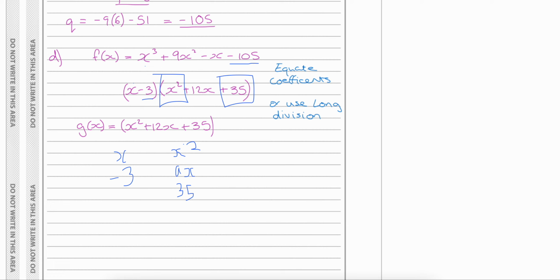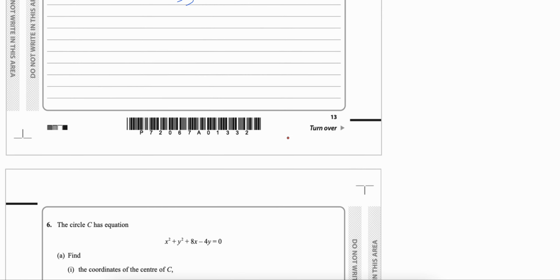So how would you make x squared by combining? Well, you could do this times this, which would give you ax squared. And you could do this times this, which would give you minus 3. So therefore, a minus 3 is the number of x squareds, and 9 is the number of x squareds. So therefore, a minus 3 is 9, and a is 12, giving you all the marks.